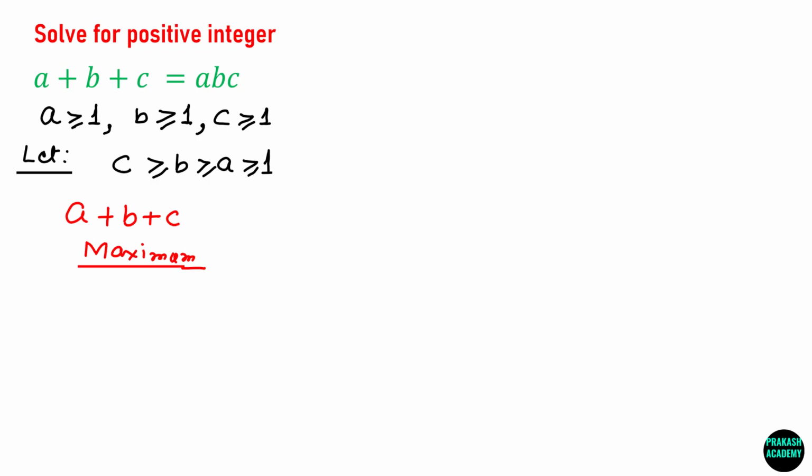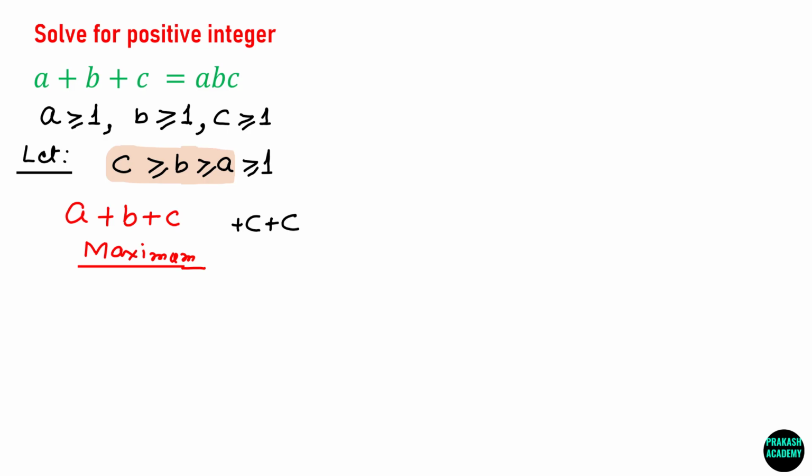So the maximum value will be, in place of c, I can put c. What will be the maximum value of b? The maximum value of b will be c, because c is greater than or equal to b. When the inequality becomes equality, the maximum value of b is c, because c is the largest number. What about a? We know b is greater than a, so the maximum value of a can be equal to b.